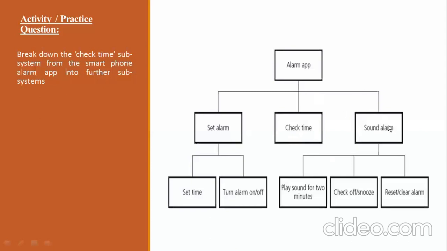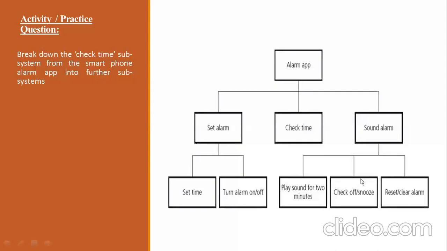So sound alarm module is broken down into 3 submodules, in which the first submodule is play sound for 2 minutes. Okay, then check off or snooze. Snooze here means to pause the alarm.